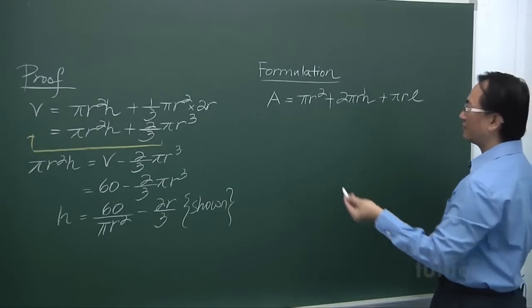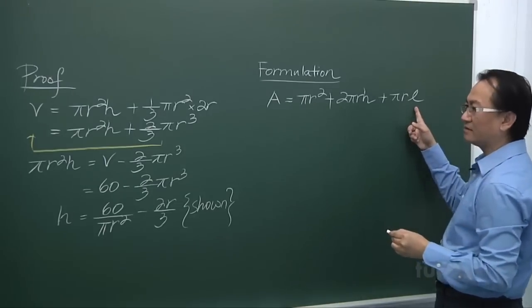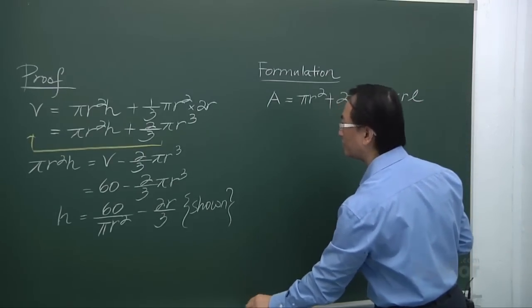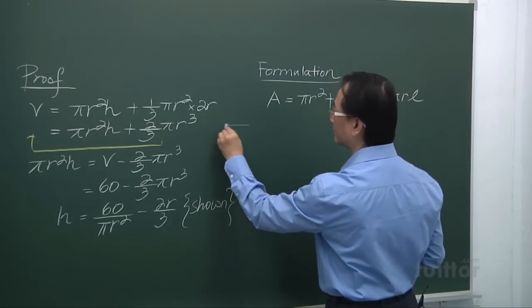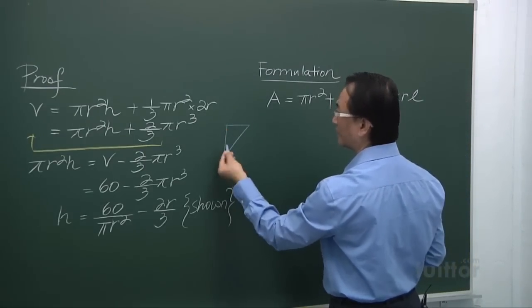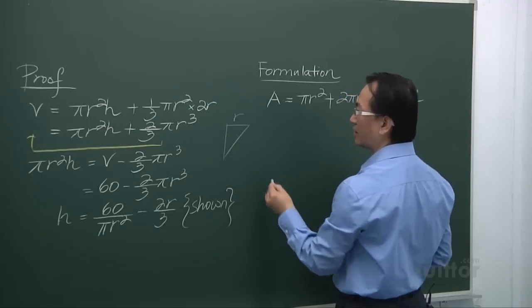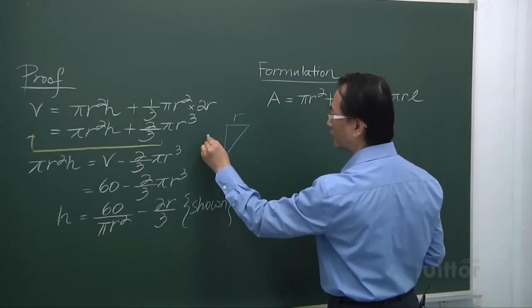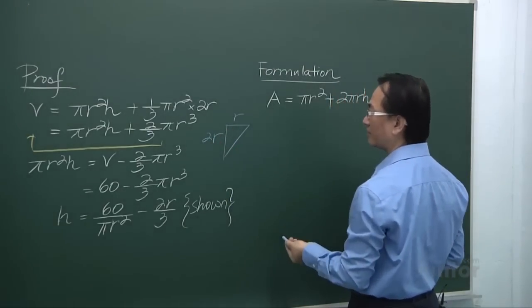Now L is going to be settled, so we have to use the Pythagoras theorem to do just that. We know that the radius of the cylinder is r. We know the height of the cone is 2r.